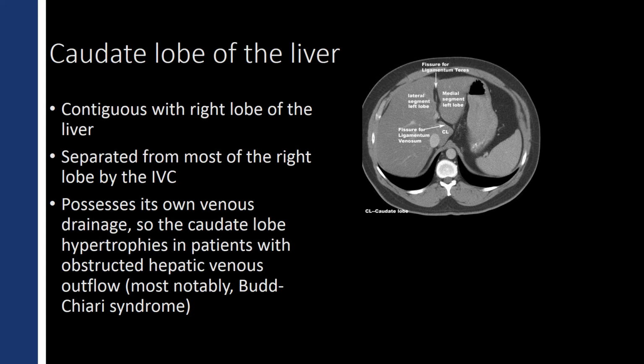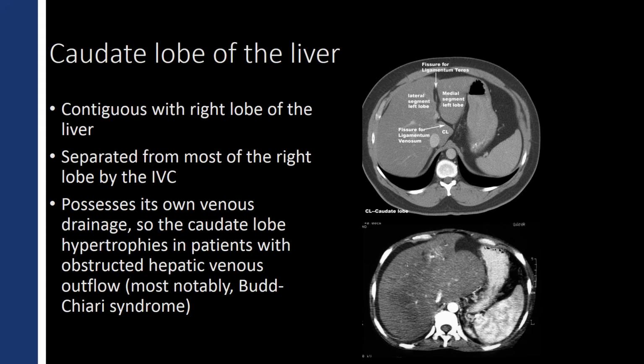Now, why is this important? Because there is a disease process we call Budd-Chiari syndrome, in which the hepatic veins become obstructed. And so what happens in that case is most of the liver cannot drain, and so the liver becomes congested. It eventually becomes fibrotic and loses function.